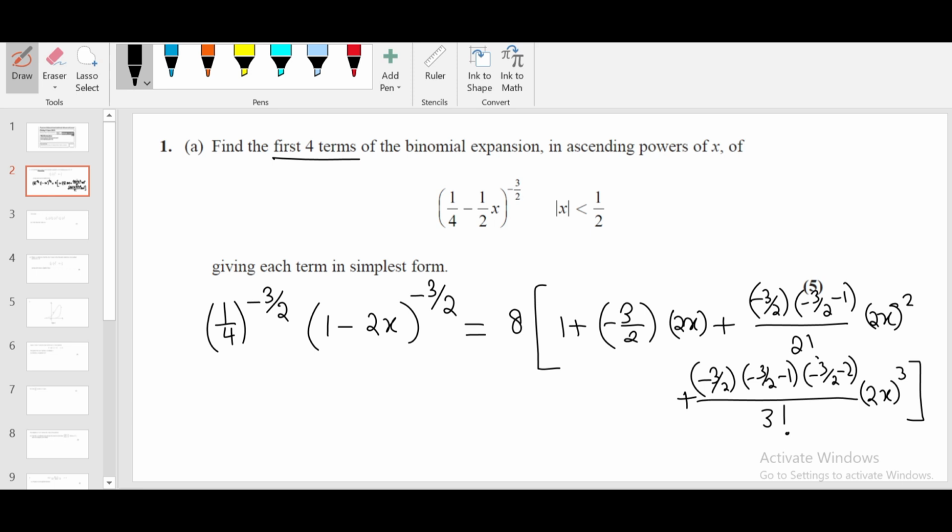That's it. We got the 4 terms already. Now we need to carefully simplify this. So it is equal to 8 times 1. Let's simplify this term, and negative times positive, you will get negative. The 2 can be cancelled, you will get 3x, 1 minus 3x. And then let's move on to the next term.